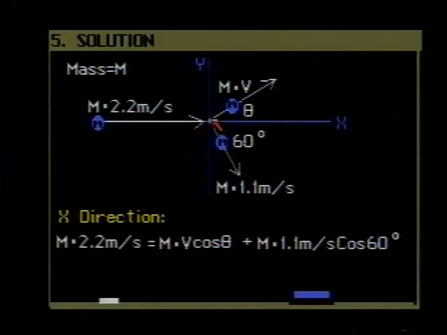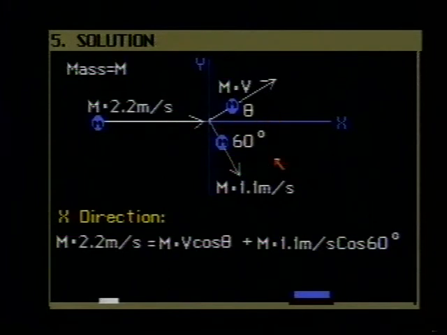After the collision, the momentum of the cue ball is just m times some unknown velocity v, which we're trying to find, and it goes off making some angle theta with respect to the x-axis. The momentum of the 8 ball is its mass times 1.1 meters per second. We're told that it makes an angle of 60 degrees with the original direction of the cue ball, which we have placed along the x-axis.